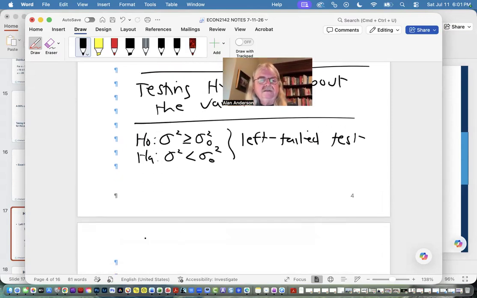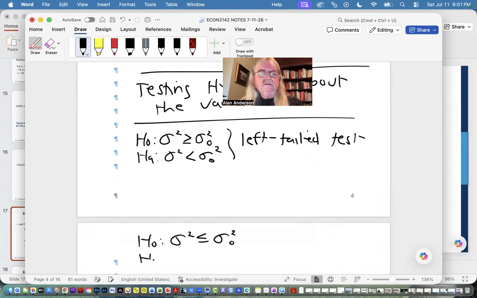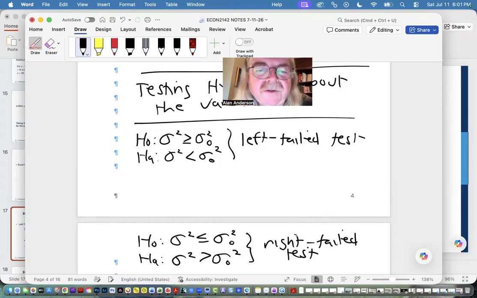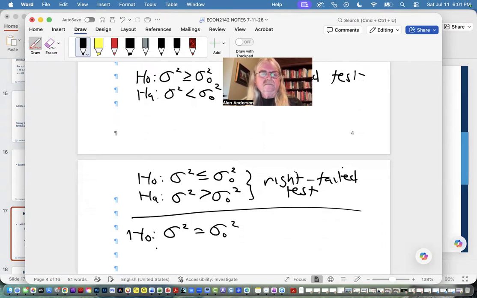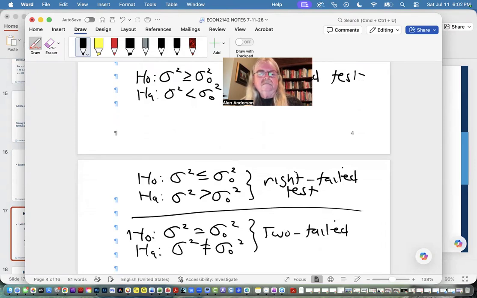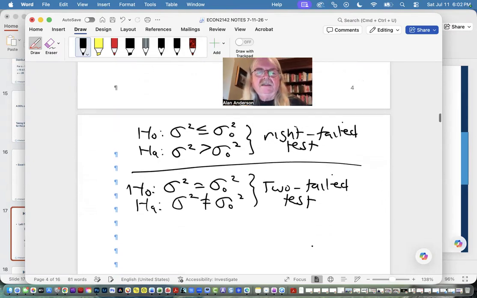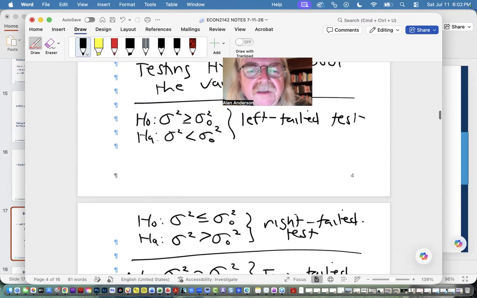Then we have the right-tailed test. And of course, we have the two-tailed test. So those are the three possibilities.